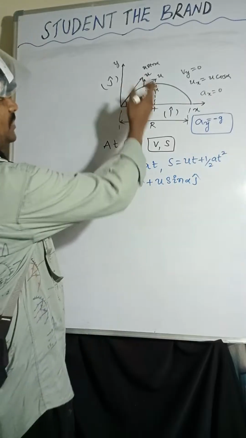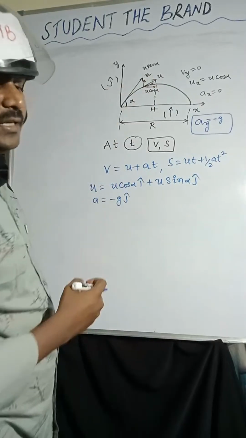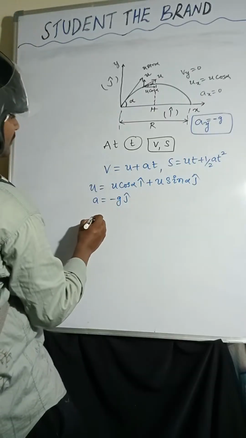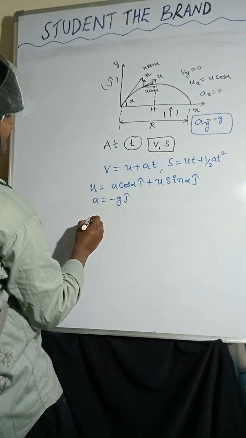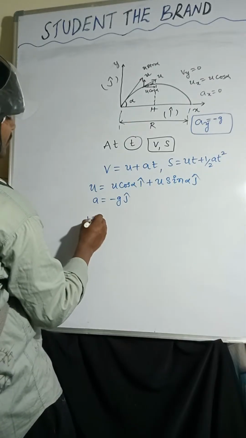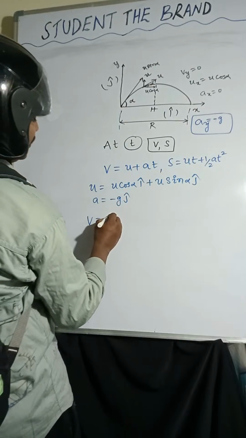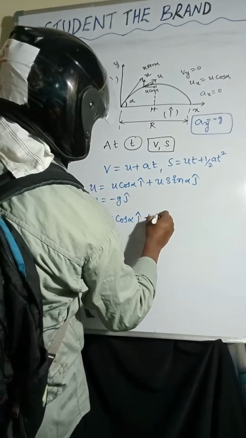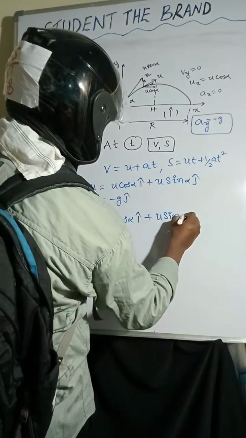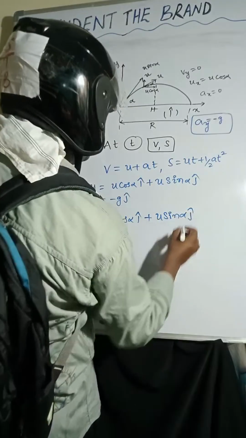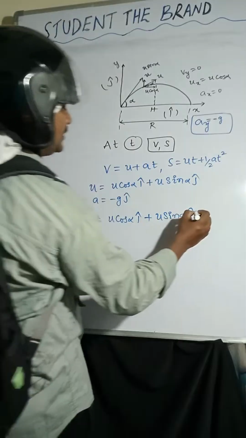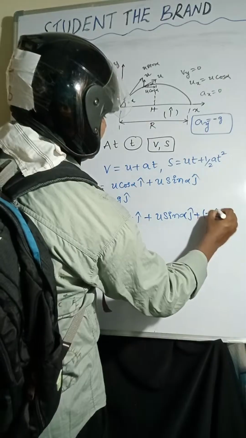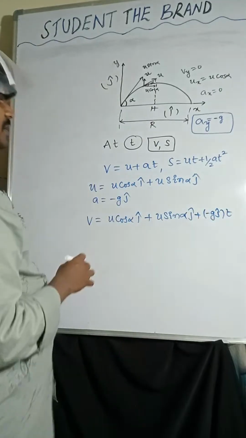So at any time, the object is moving in the upward direction. Now we can take v equal to u cos alpha i cap plus u sin alpha j cap plus minus g j cap into t.